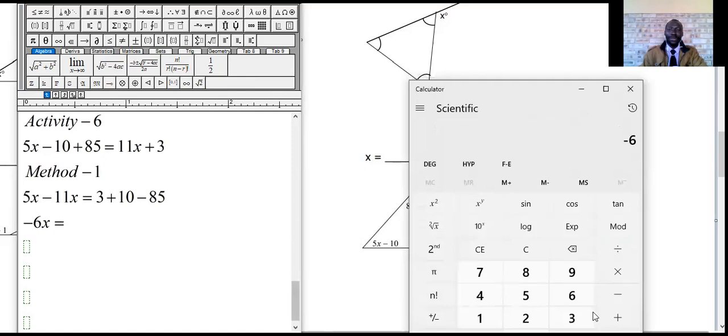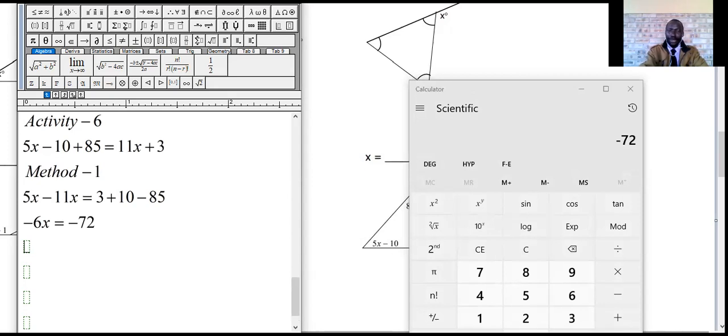Then for what we have on the right-hand side, we have 3 that we have to add to 10, and from it we take away 85. What we get from there is negative 72, and so we write it down as negative 72. Now, in the next step, we want to find the value of x.